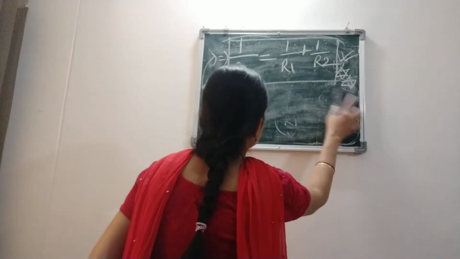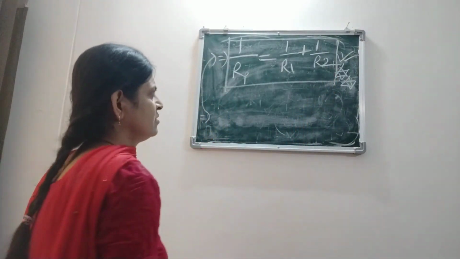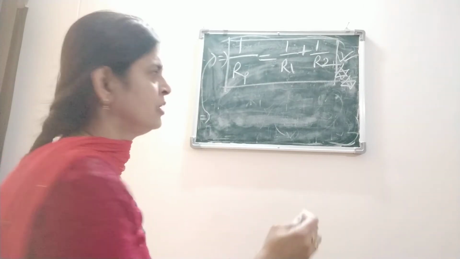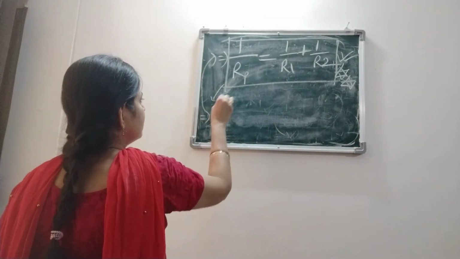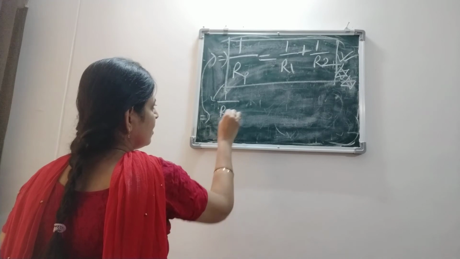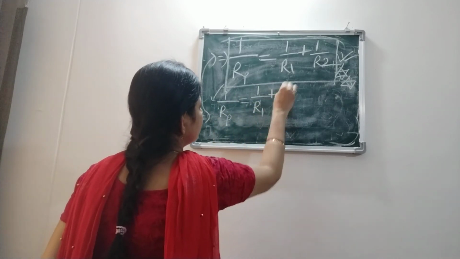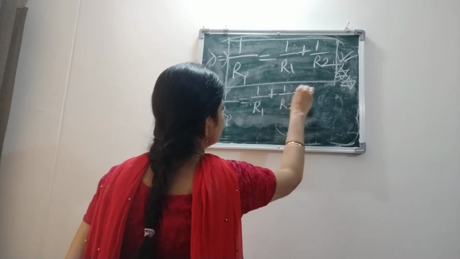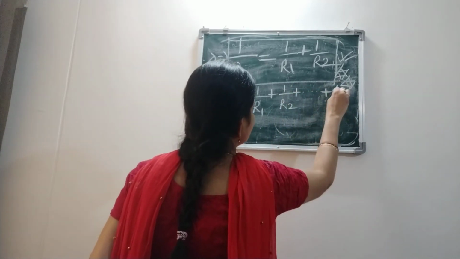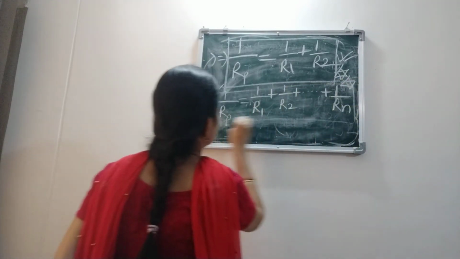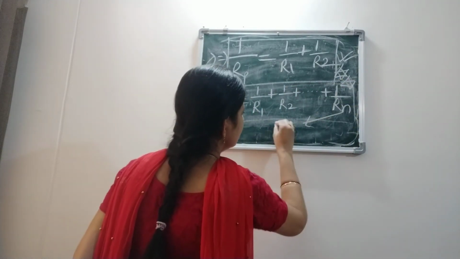So, if instead of two resistors, we connect three resistors or a number of resistors, then the equation becomes 1 divided by R or RP is equal to 1 divided by R1 plus 1 divided by R2 up to 1 divided by Rn, where n is the number of resistors.